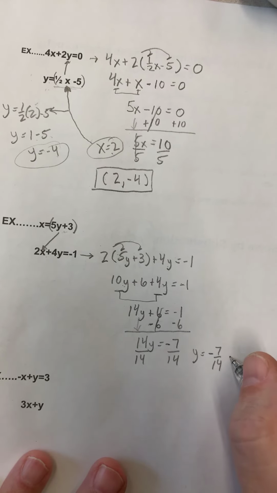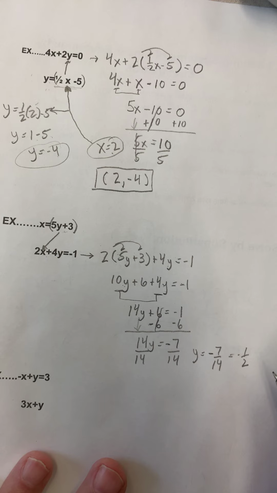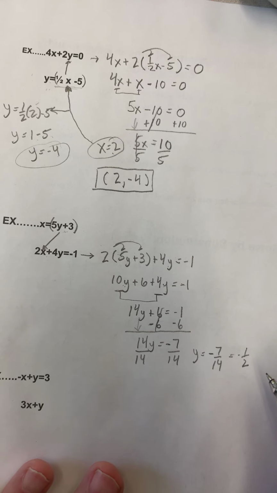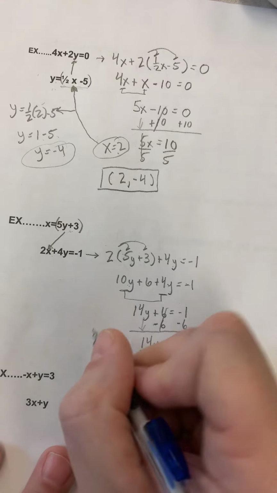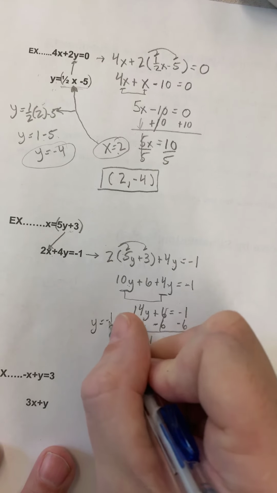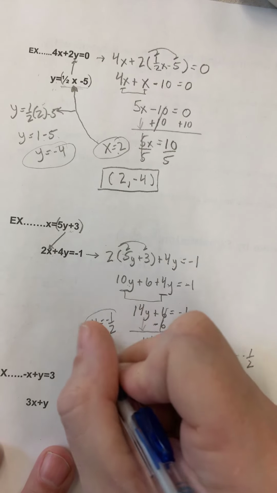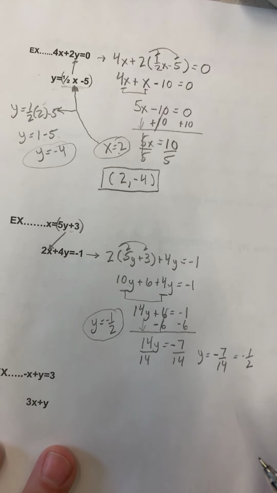7/14, hopefully you realize, reduces to -1/2. y is equal to -1/2. There's one piece of the puzzle.